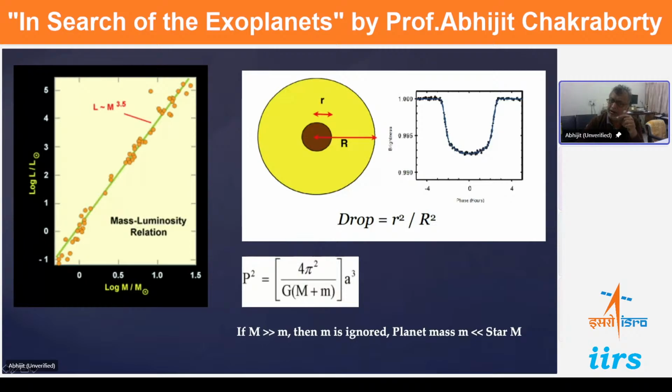You can also get the period of the planet going around the star by measuring repeated drops, and if you observe three consecutive drops, then you can determine the period in terms of days. And this is what the equation shows.